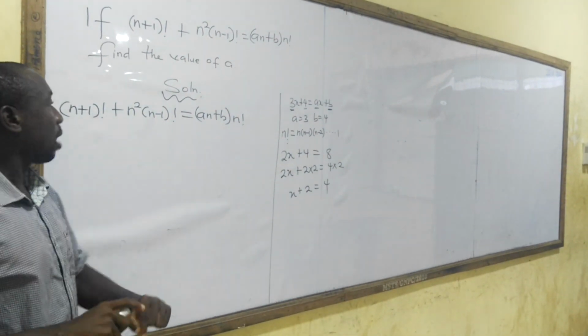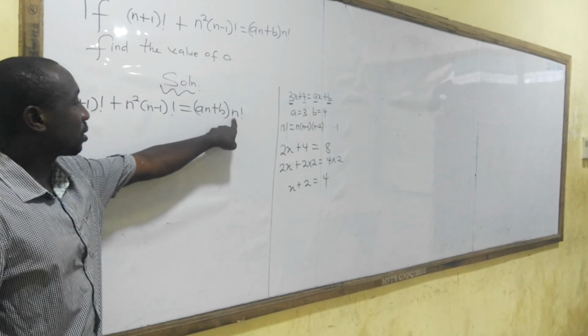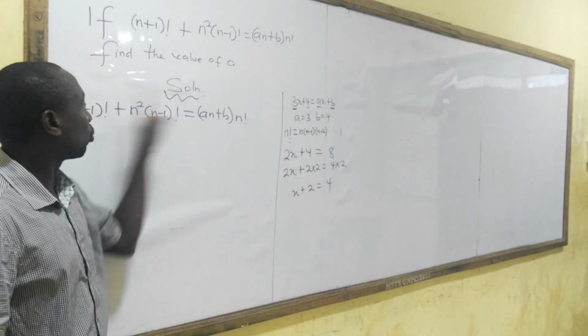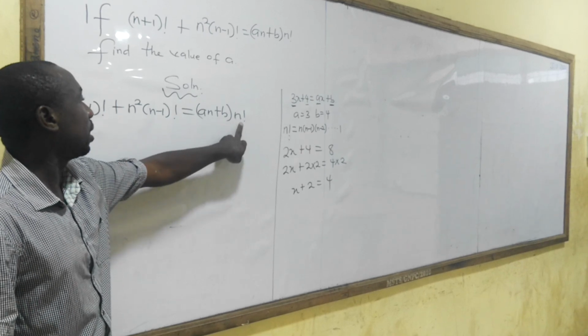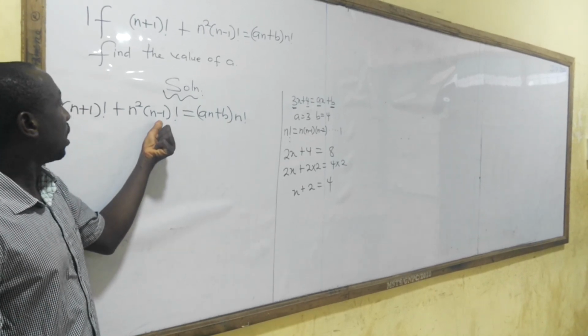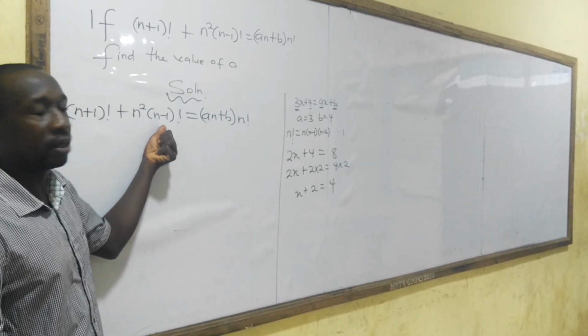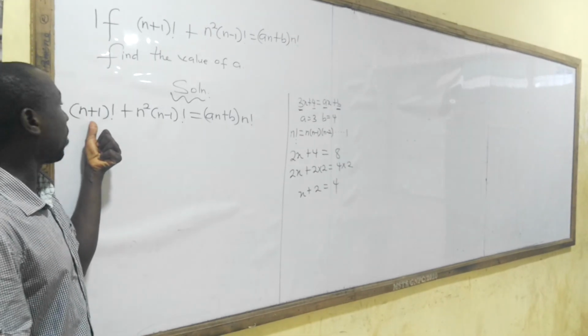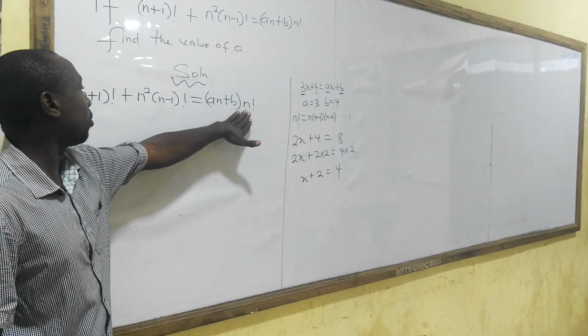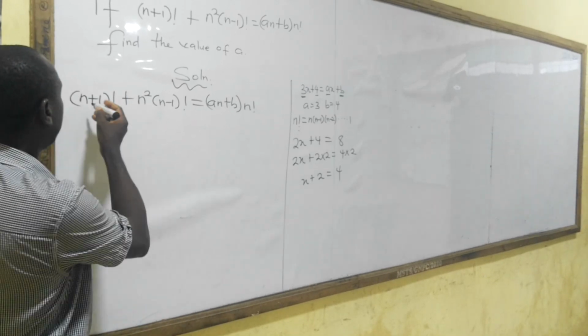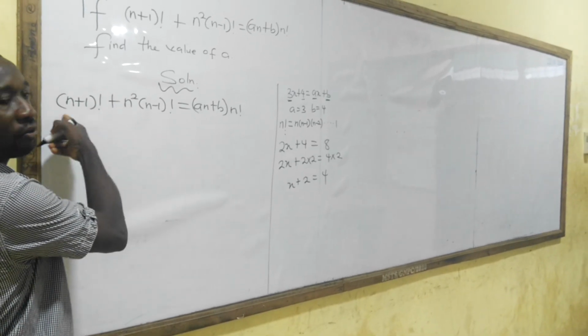My focus for now is to cancel n factorial out throughout the equation. So I have n factorial here. I need to get n factorial here. I also need to get n factorial here. So once I have n factorial, I will not worry myself over here. But I can generate n factorial here.